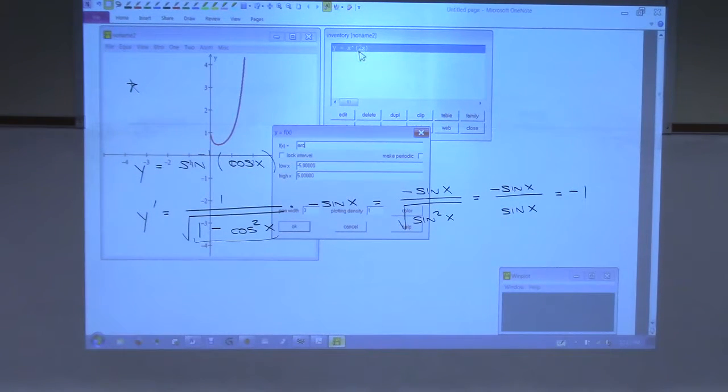Arc sine of cosine of x. Is this going to be a line or not? What do you think? I think it's going to be a line. But it's not going to be a continuous line everywhere, because we have domain restrictions, because it's an inverse trig function.